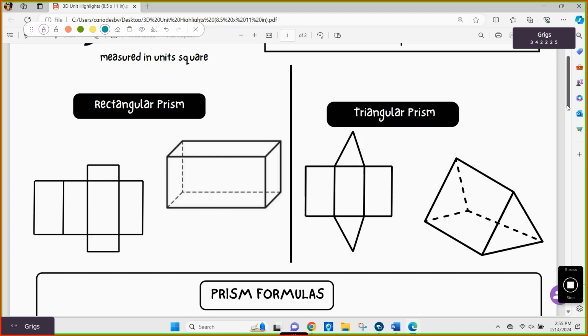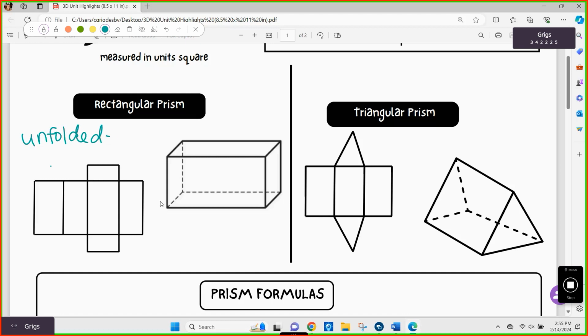Looking at the rectangular prism, what's the difference between these two shapes? One is flat, the other one is 3D. Would you say that this is the unfolded version? Yes. If I push these sides up and fold that in, it would wrap it and become the three-dimensional object, right?